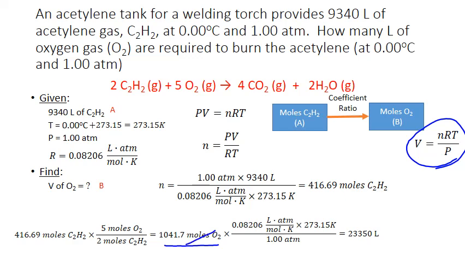Again, our units cancel out, moles with moles, atmospheres with atmospheres, Kelvin with Kelvin. We're left with units of liters. And we can round this value, 23,350 liters, into 3 significant figures to match the 3 given in all of our starting variables. And it's 2.34 times 10 to the 4th liters of oxygen.